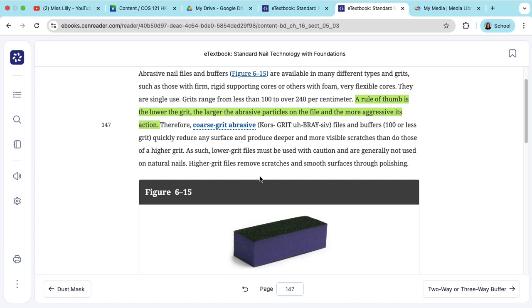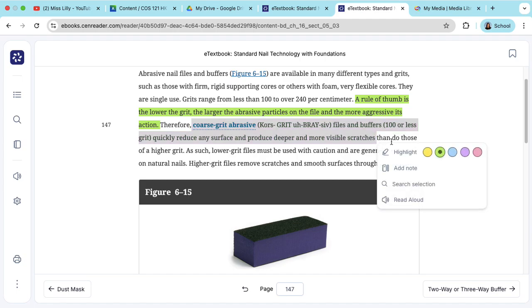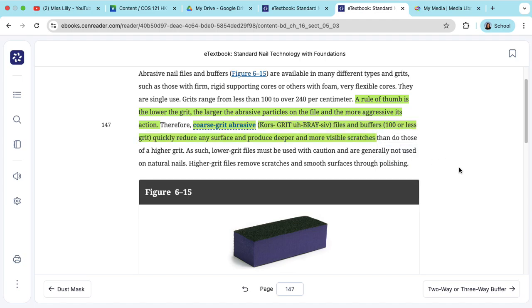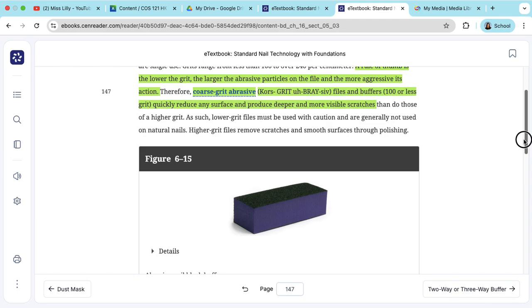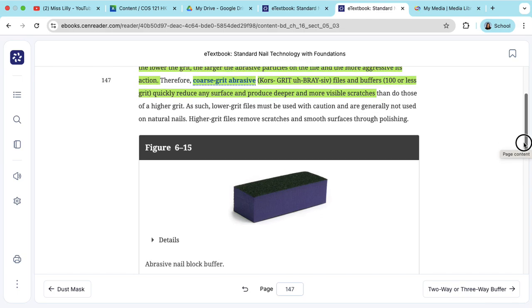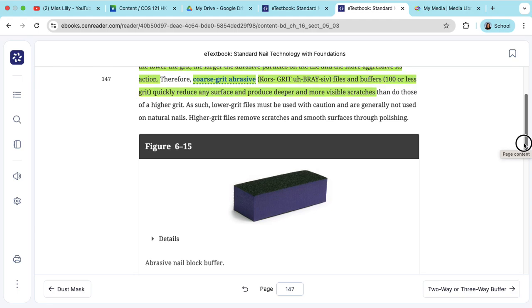Therefore, coarse grit abrasive files and buffers of 100 or less grit quickly reduce any surface and produce deeper and more visible scratches. As such, lower grit files must be used with caution and are generally not used on natural nails.